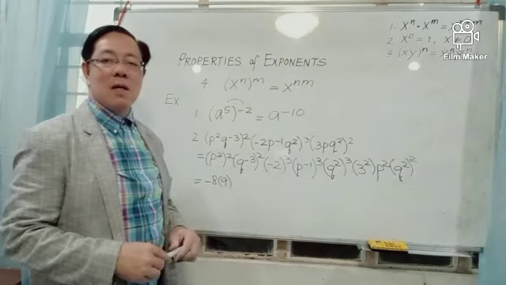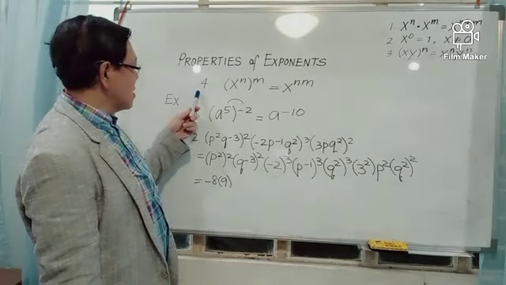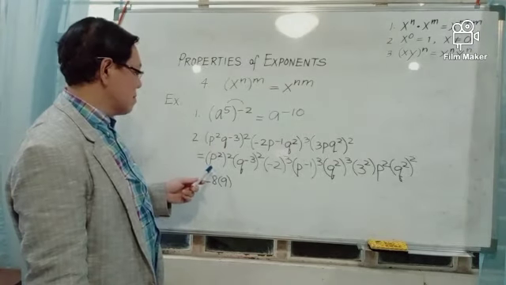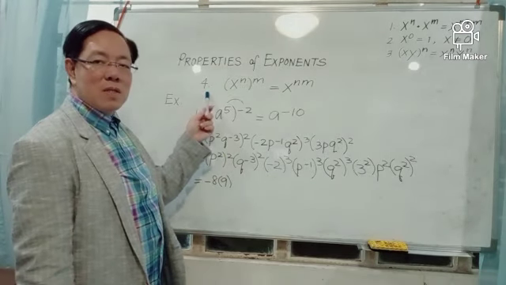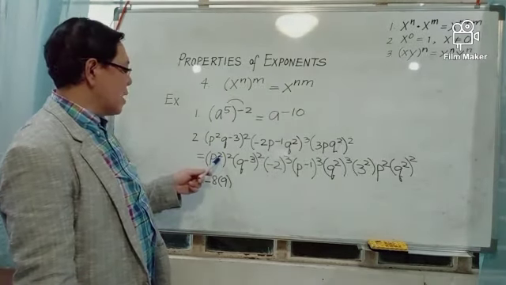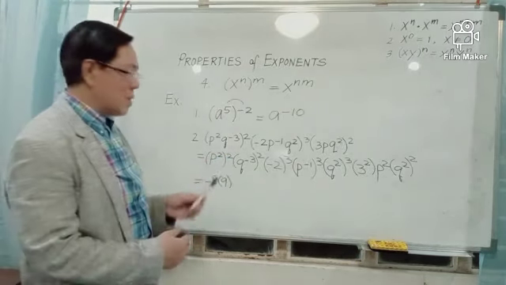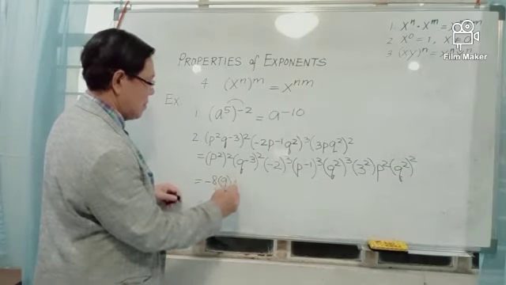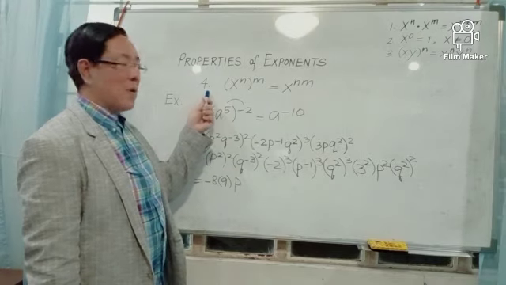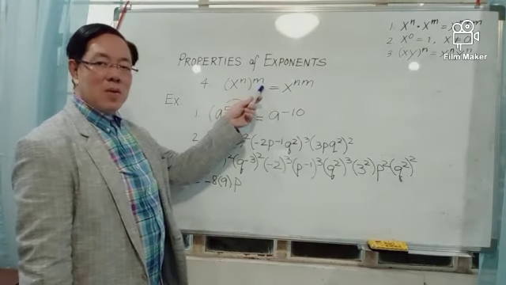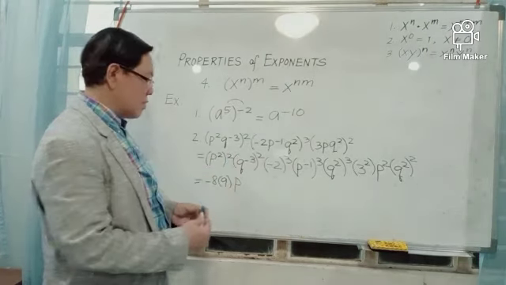Now we simplify the literal coefficients by now applying the fourth property of exponent. P squared raised to 2 by the fourth property of exponent means you multiply the exponents. So p squared raised to 2 is p, and the exponent of p by the fourth property of exponents, multiply the exponents of p, 2 and 2 is 4.